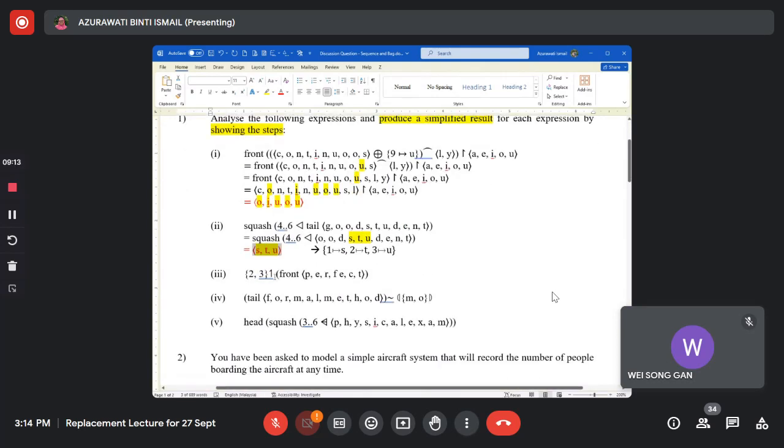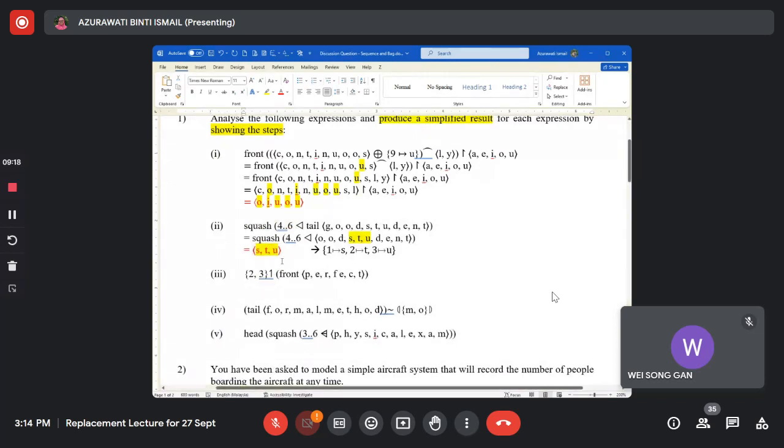Okay, the next one is extraction operator. It means that you look at the sequence, but you look at the domain data. Just now, this one is filter, where you look at the range data. But here, you look at the domain data. So for this one, front means other than the last.